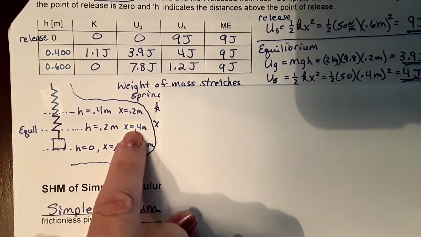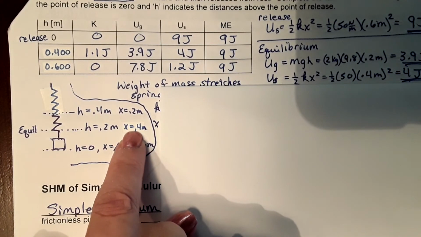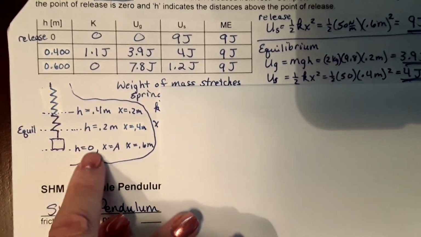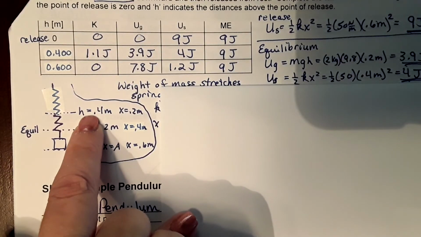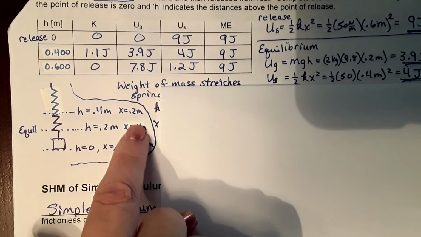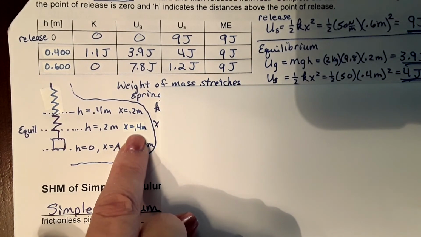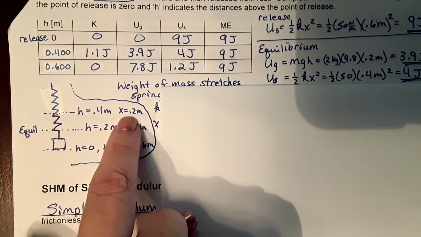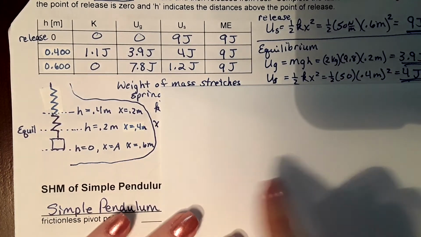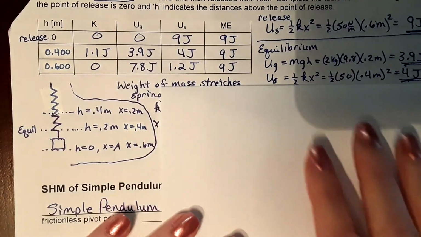And the stretch of the spring at this point is 0.4 meters from without the mass to with the mass on the spring. Okay? This is what it is before you grab it and pull it down. Then, at the top amplitude, you're actually 0.4 meters above the bottom, and you're 0.2 meters above equilibrium. So 0.4 minus 0.2 is another 0.2.